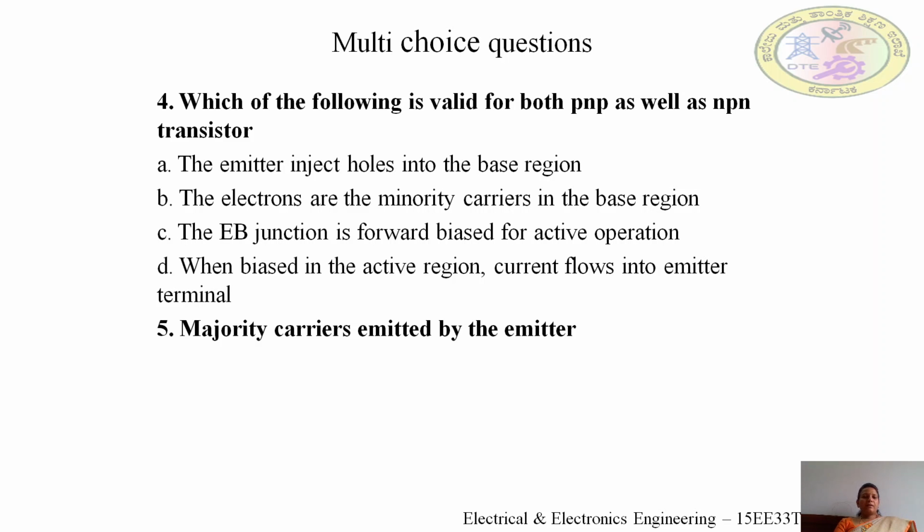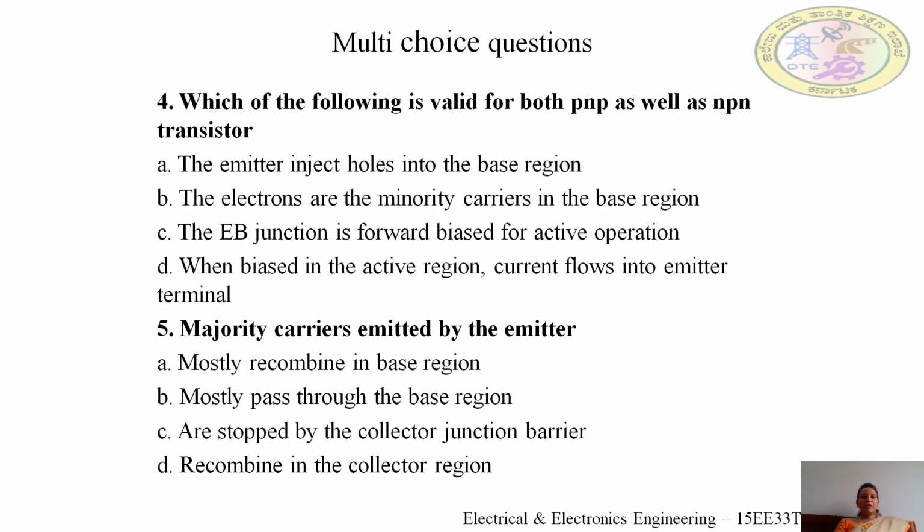Let us go through the fifth question. Majority carriers emitted by the emitter: let's look into the options. Mostly recombine in the base region, mostly pass through the base region, are stopped by the collector junction barrier, recombine in the collector region.